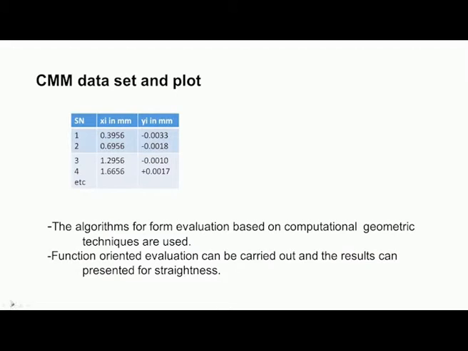Now, one reading is shown here. So, on a particular surface, the readings given by the probes are given here in this table. Basically, they give the coordinates with respect to some reference.